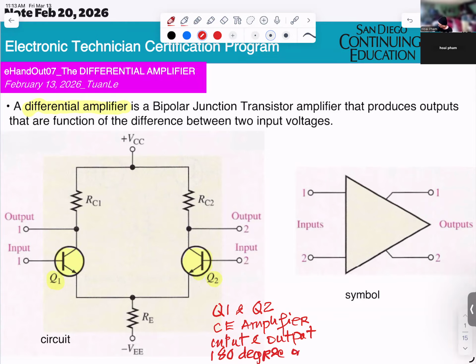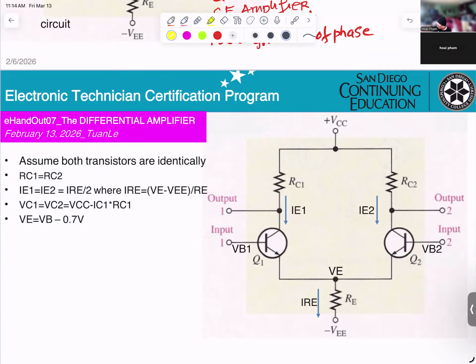Now you see, assume both transistors are identical. RC1, RC2 will be the same.